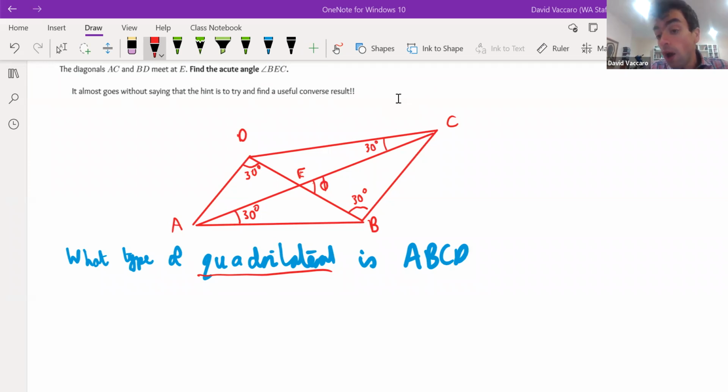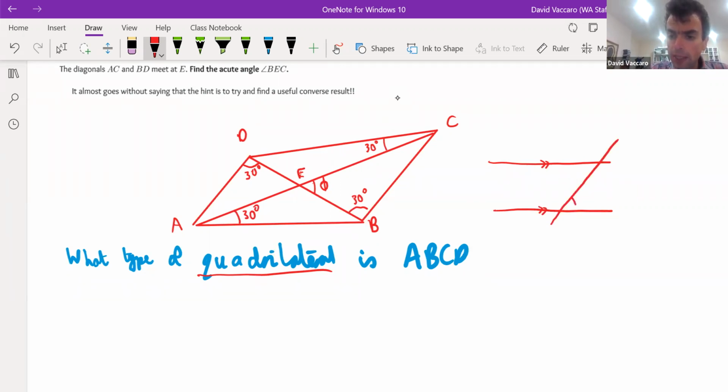What schools are very good at teaching is that if we have a pair of parallel lines, right the way back to elementary school, you're probably taught that corresponding angles are equal and alternate angles are equal.